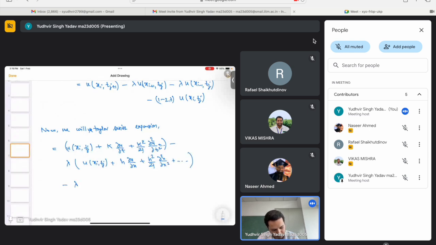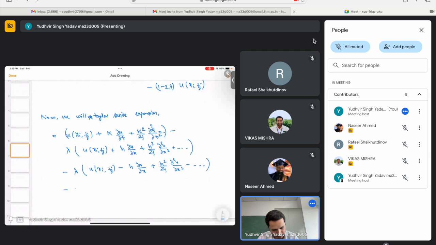For the third term, we will have the expansion as u minus h del u by del x plus h square by 2 factorial del 2u by del x square and so on. And the last term will stay as it is.